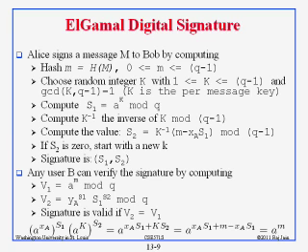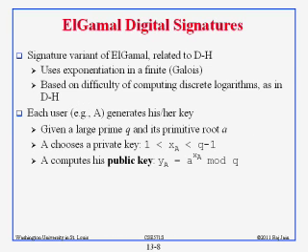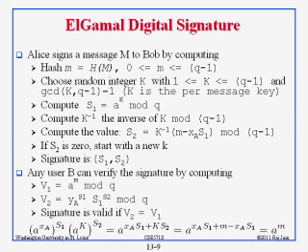Now you have to calculate K inverse mod Q minus 1, and then multiply that by M minus XA S1. So you did use your private key XA here, to multiply by S1 and subtract it from M, and then multiply by this K inverse, and this is what is called S2. So this is your signature.